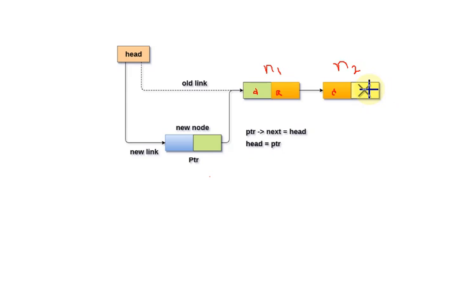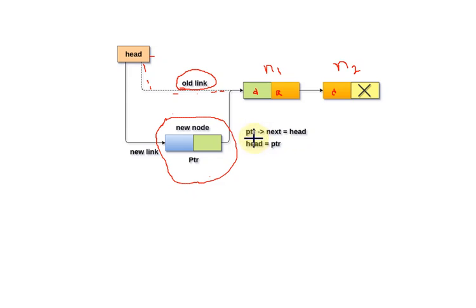with node 2. So what we are trying to do is insert a new node in our linked list at the first position. Earlier, the head was linked with node 1. So this was the old link.